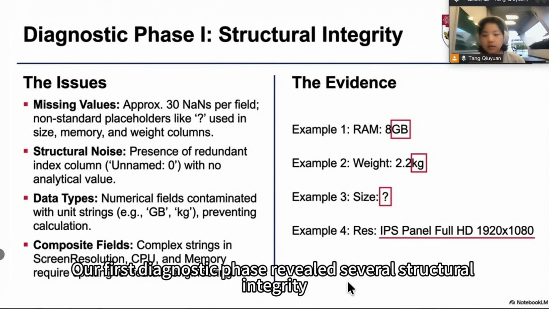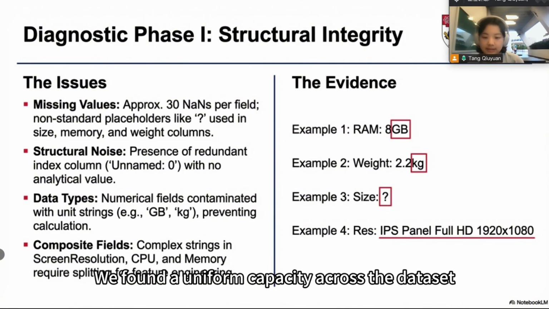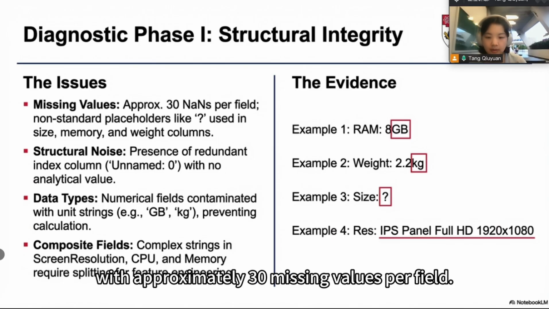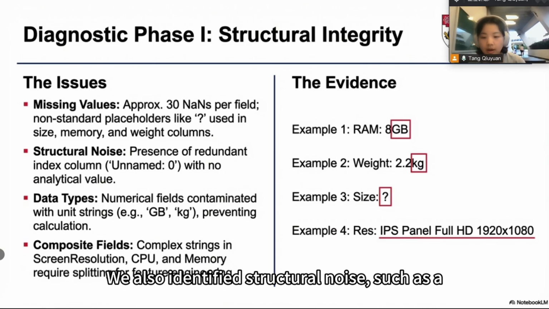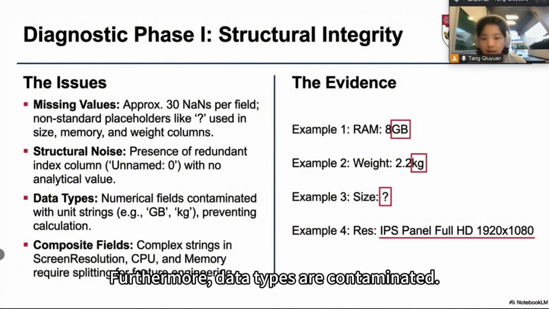Our first diagnostic phase revealed several structural integrity issues. We found a uniform sparsity across the dataset with approximately 30 missing values per field. We also identified structural noise, such as a redundant index column. And furthermore, data types are contaminated.